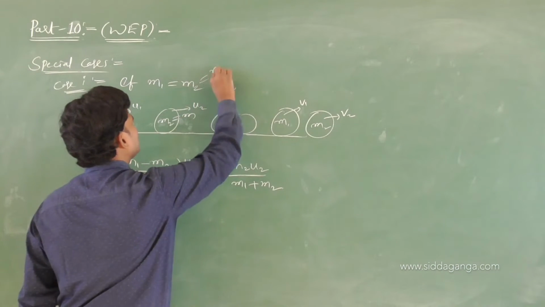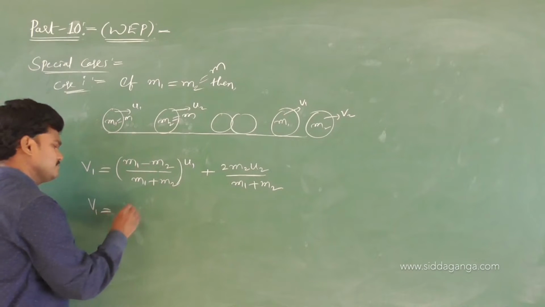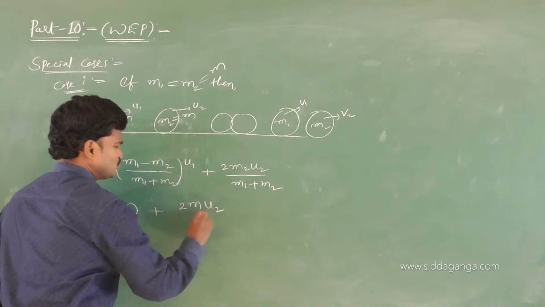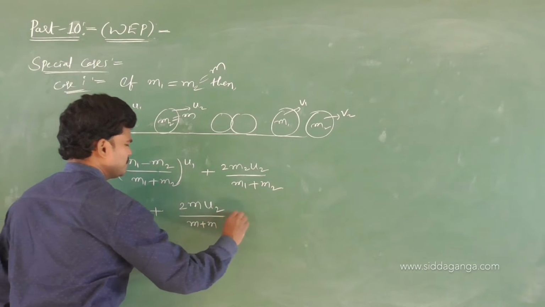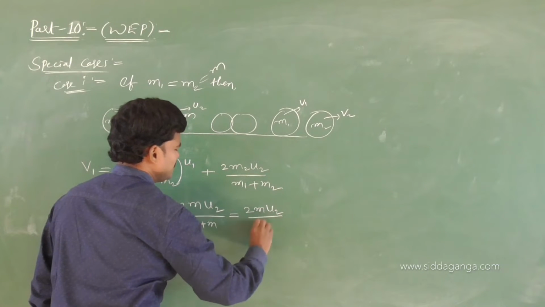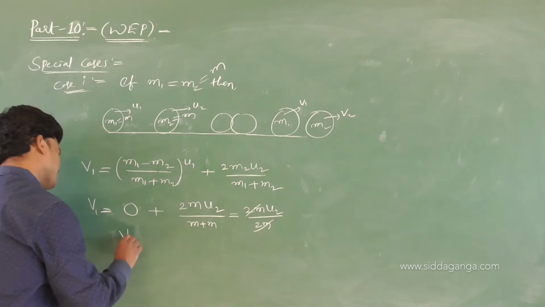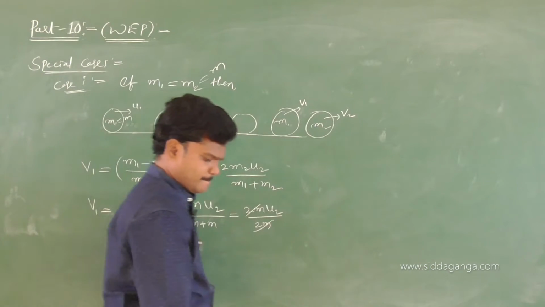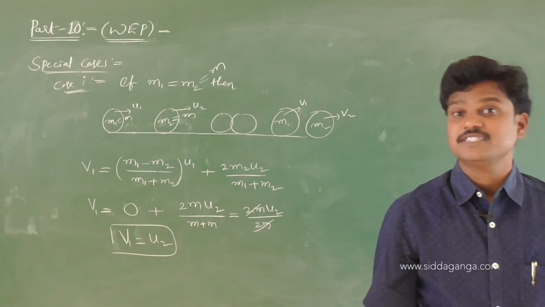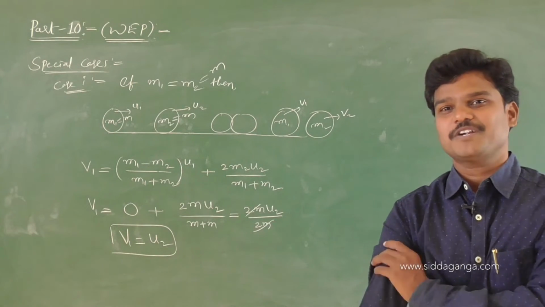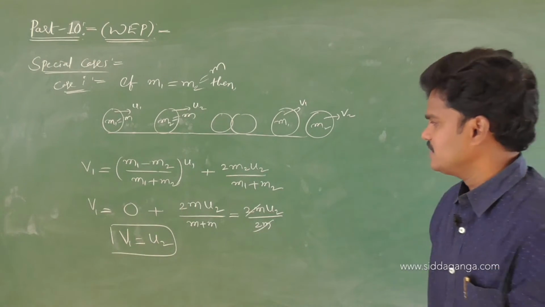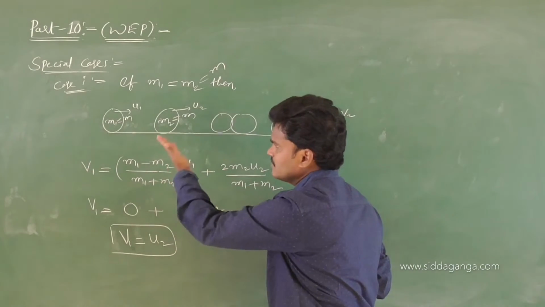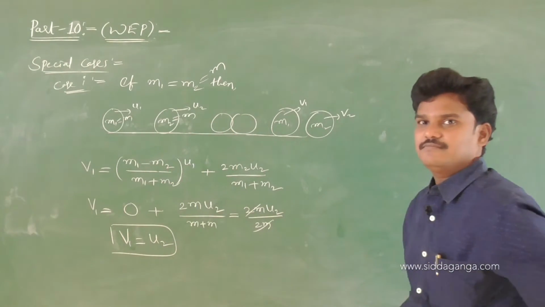M minus M is 0. 2 M U2 by M plus M. So you will get 2M U2 by 2M. Then how much are you getting as V1 value? Directly we can write: velocity of the first particle after the collision is equal to the initial velocity of the second particle before collision.